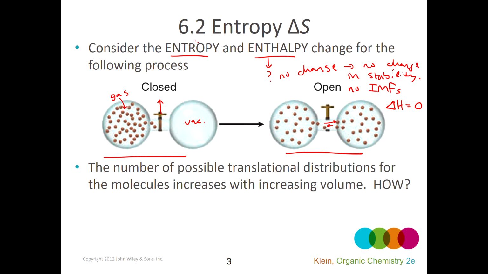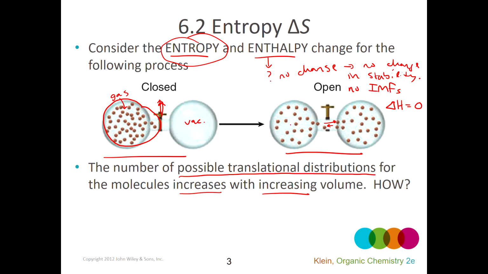But when we look at the entropy, we do see a difference, right? If all my molecules are stuck on one side, there are only so many positions in space that they can occupy within this volume, and only so many ways that they can be flying through space. As soon as I open up the valve and they have access to the whole area, the possible translational distributions increase with increasing volume.